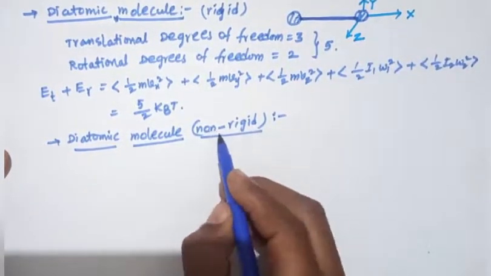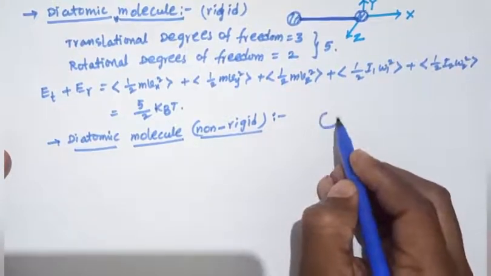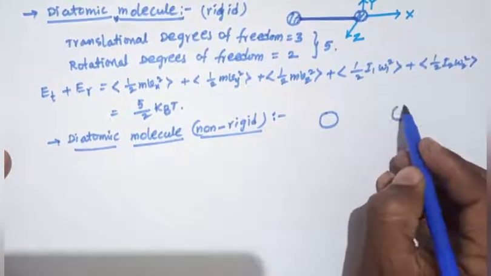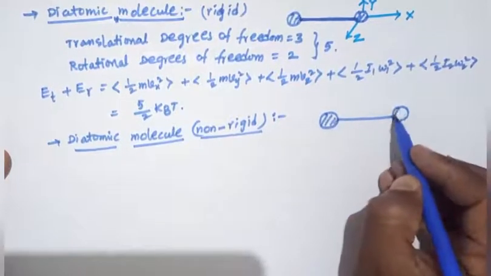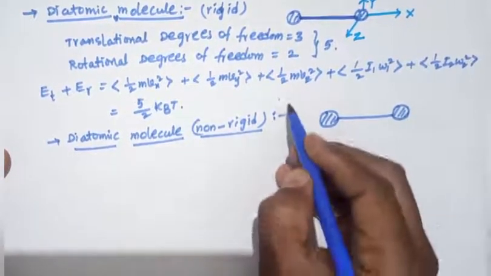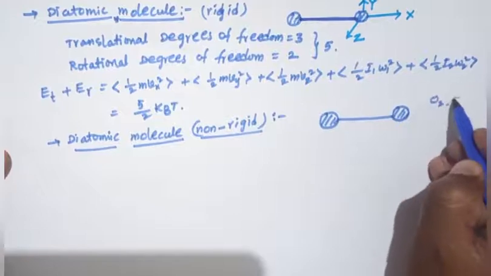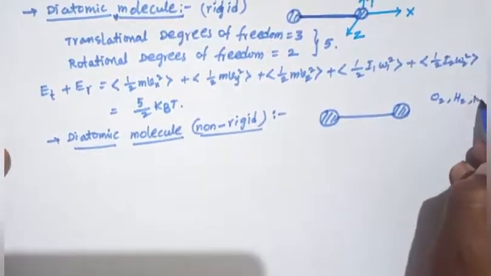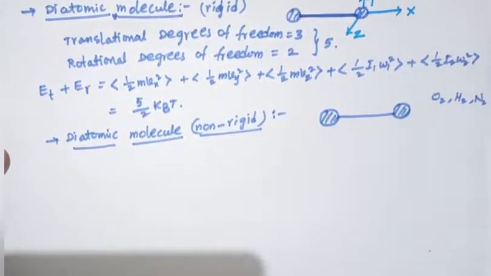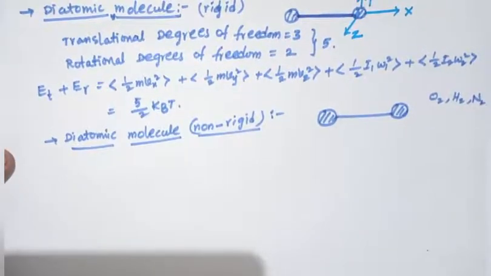Non-rigid is the same dumbbell shape, for example oxygen, hydrogen, nitrogen. These are diatomic molecules.